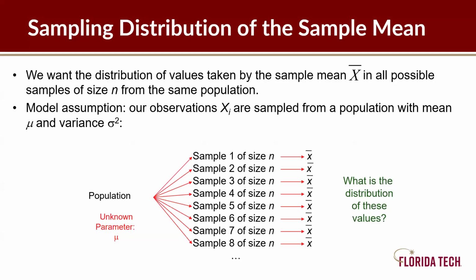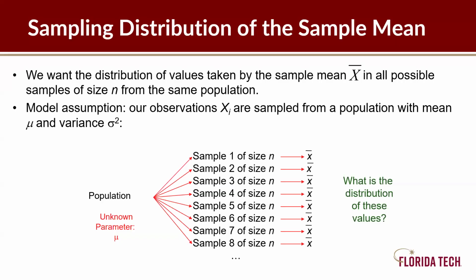We want the distribution of values taken by the sample mean x bar in all possible samples of size n from the same population. The model assumption is that our observations x sub i are sampled from a population with mean mu, variance sigma squared. So what we want to know about is that unknown population parameter mu.